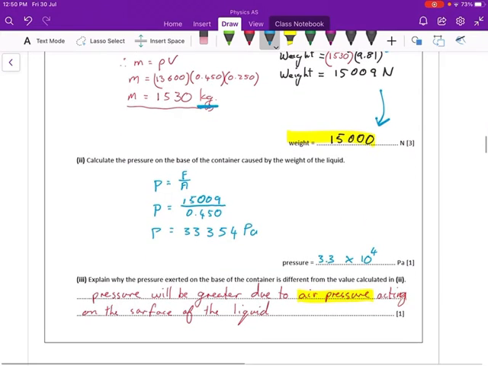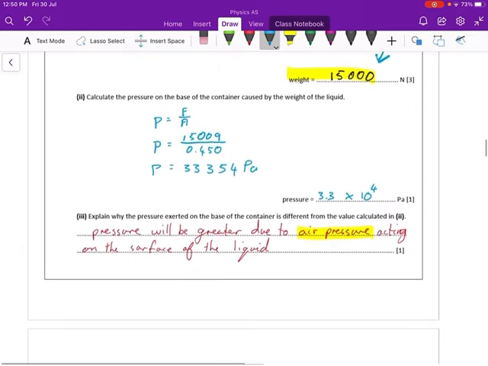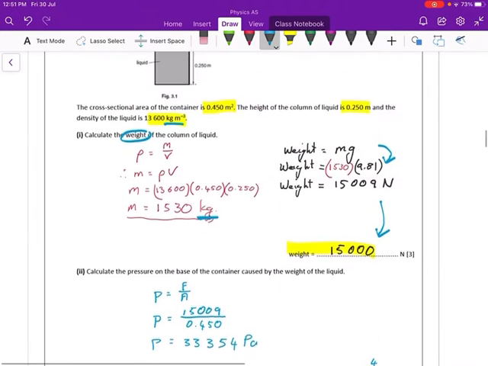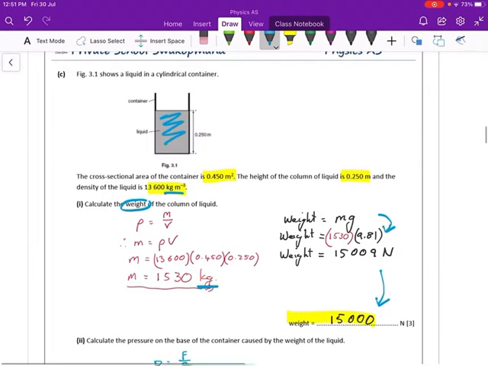Calculating a pressure, force divided by area, we did it. We got it. All right. So why is there a difference in pressure? Well, because of air pressure acting on the surface of the liquid. So it's not only the pressure of my liquid, it is plus the atmospheric pressure in there. That gives me the total pressure at the bottom.